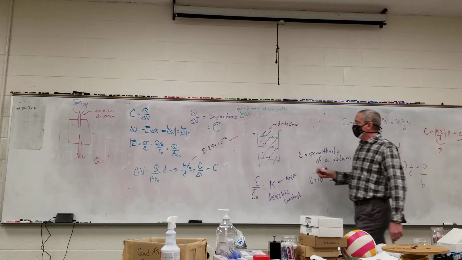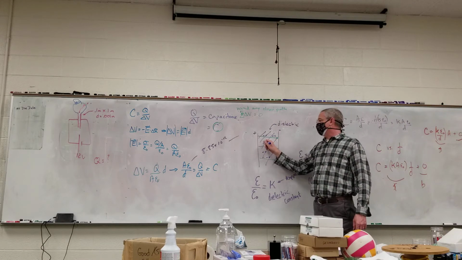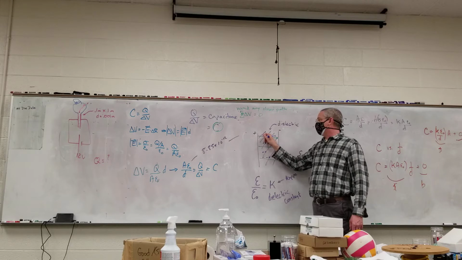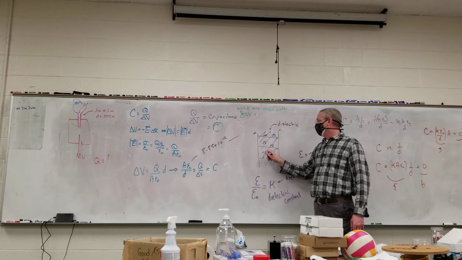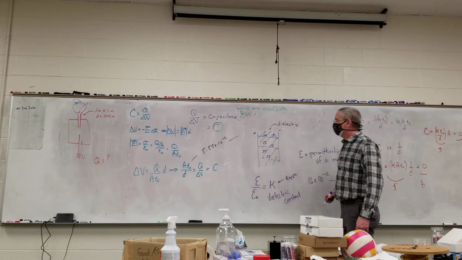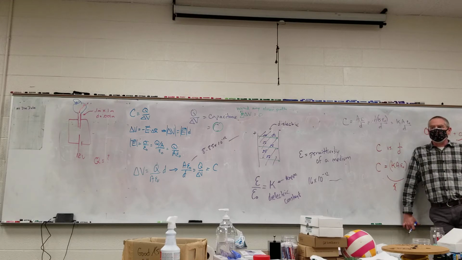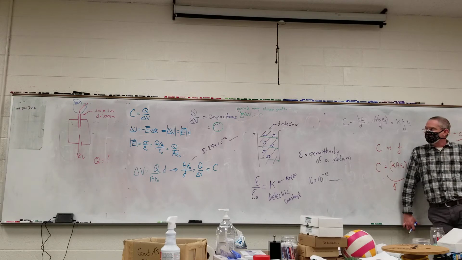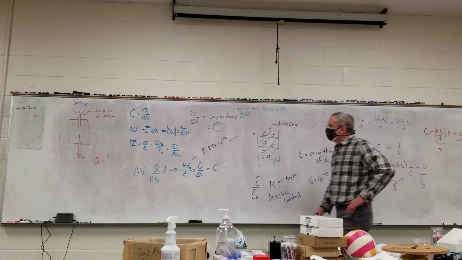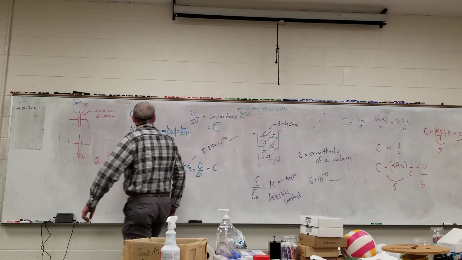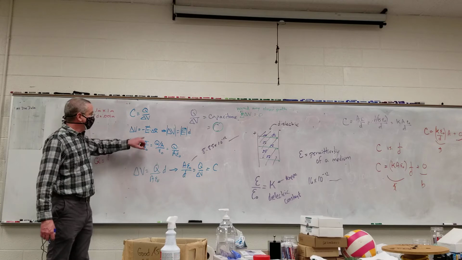And the electric field here for all these tiny little dipoles goes from positive to negative. So I have this back electric field, an electric field that is opposing the external electric field. So that will make the electric field in between smaller.